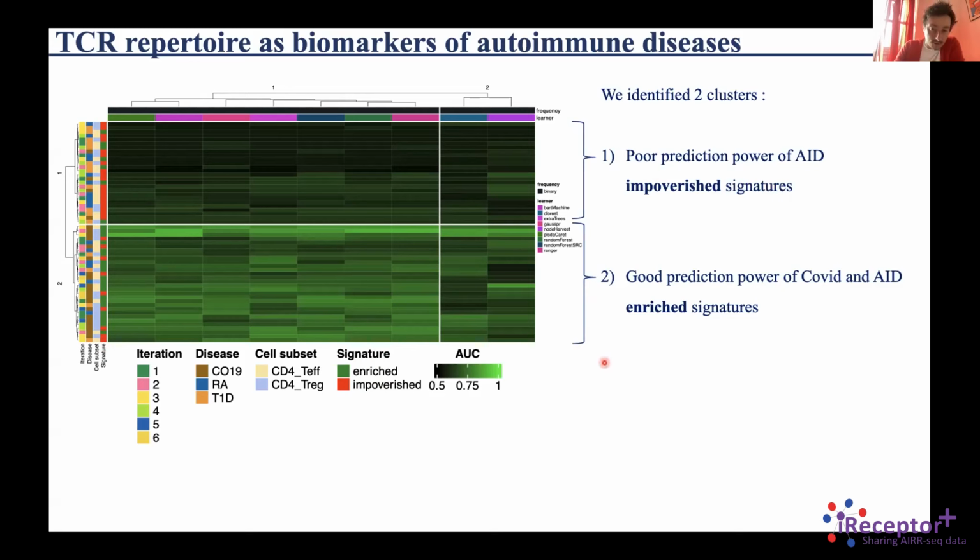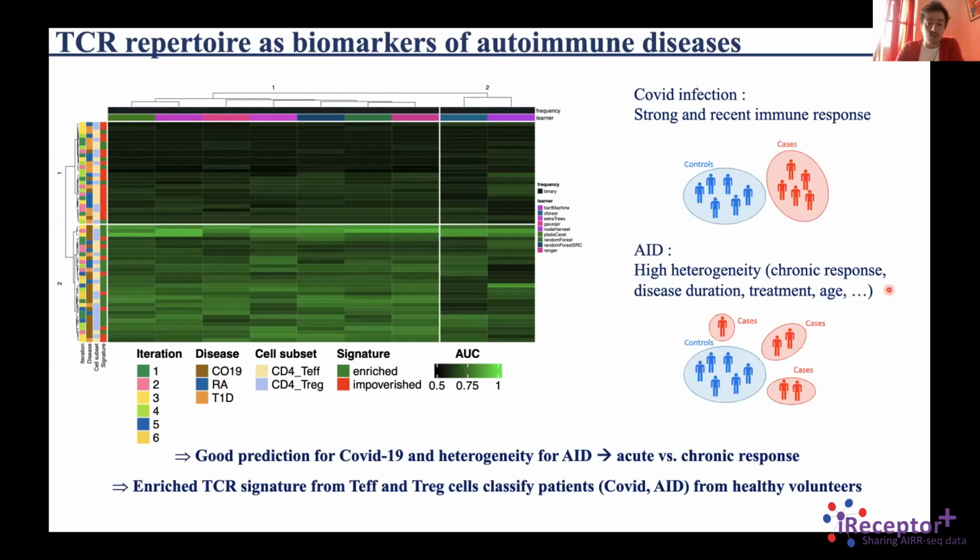The second cluster groups the majority of COVID positive control patients, and we also have the signature from enriched autoimmune disease patients. So to explain these two types of results, we have good prediction with COVID-19, probably due to the strong and recent immune response, and maybe we are much more in this case, so that's why we have a higher prediction score.